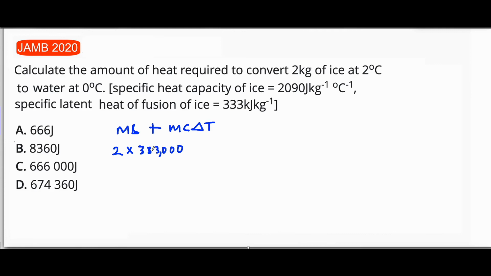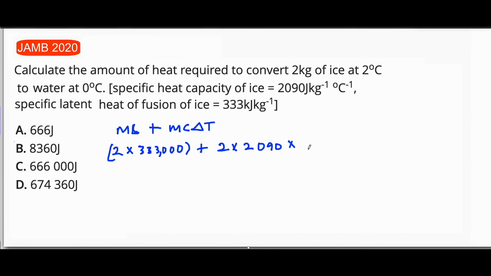Now, we're going to add that to the mass. The mass still remains 2 kg times the specific heat capacity as given in the question, 2090 joules per kilogram per degree Celsius, times the difference in temperature.